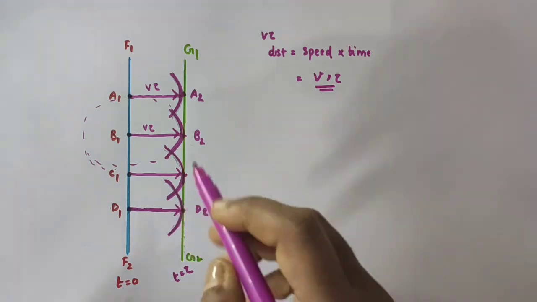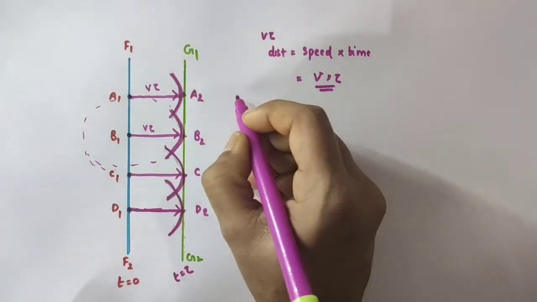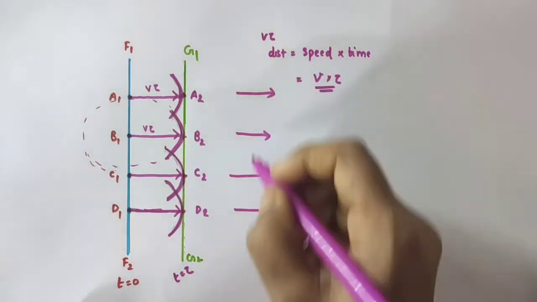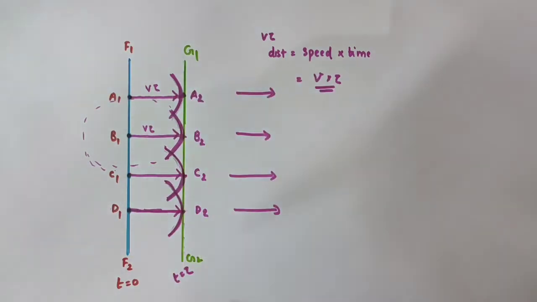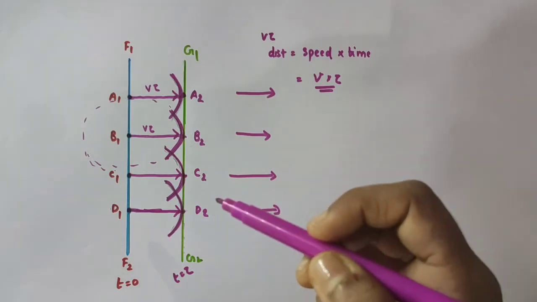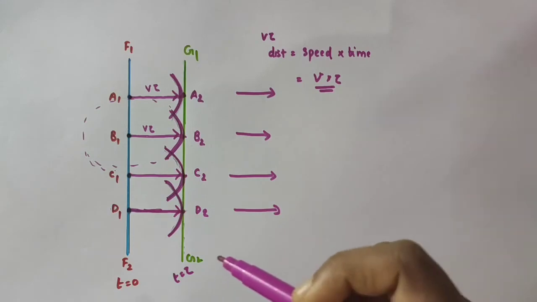Alright, so these lines A1, A2, B1, B2, C1, C2, D1, D2 represent the parallel rays corresponding to the plane wave, because we already said the wavefronts will be perpendicular to the rays of light.